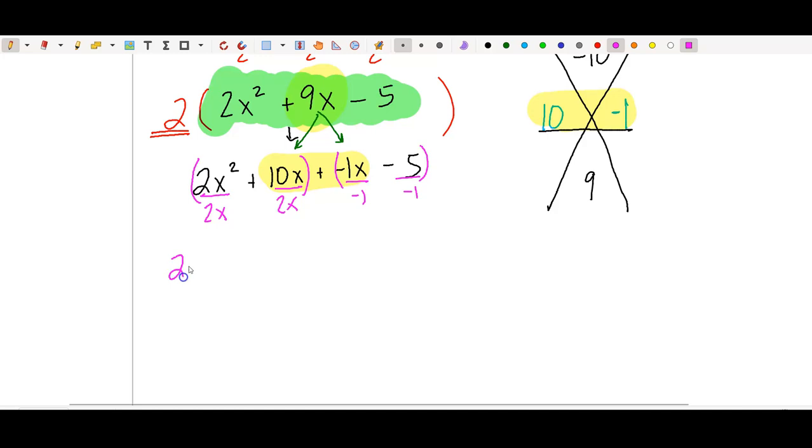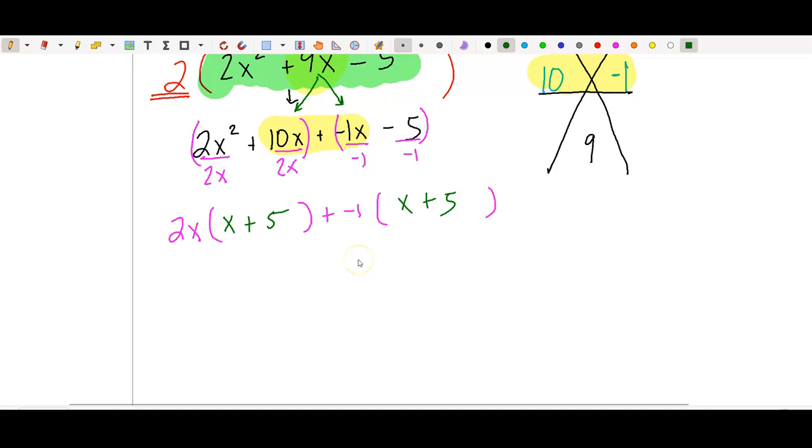So we go ahead and rewrite this, taking out a 2x, taking out a negative 1, and if we did things correctly, we should have the exact same thing inside the parentheses. So this is x plus 5, and this one is also x plus 5. So that will allow us to factor it completely.